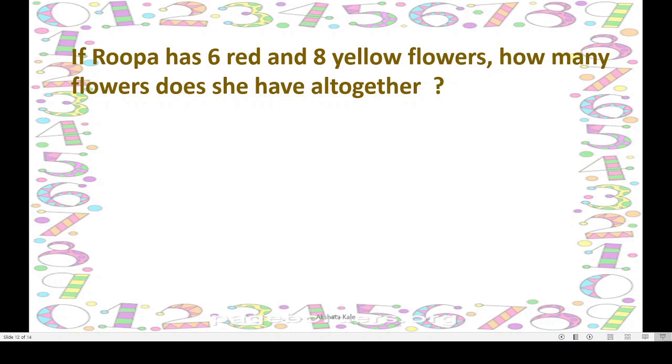If Rupa has 6 red and 8 yellow flowers, how many flowers does she have together? Yes, Rupa, she is having 2 types of flowers. That is red flowers and yellow flowers. Okay. Now, how many flowers does she have? We have to find out.